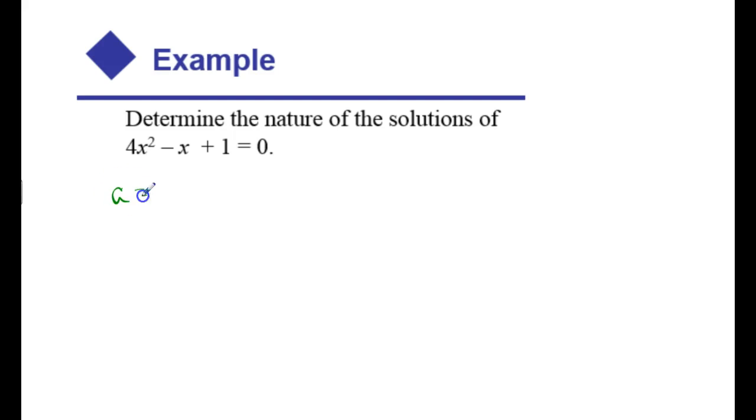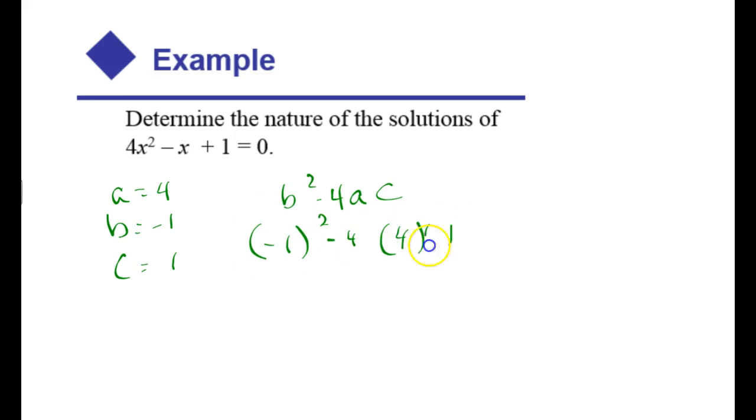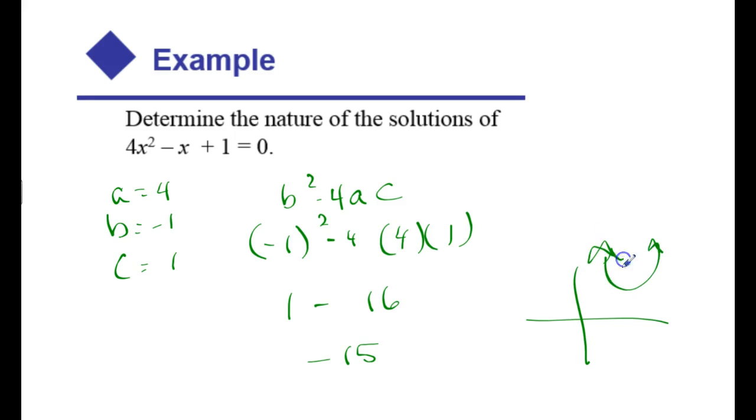Again, the value of a is 4, b is negative 1, and c is 1. So the discriminant, b squared minus 4ac, is negative 1 squared minus 4 times 1, which is 1 minus 16, or negative 15. If it's negative, that means I don't know where the graph is, but there's no solutions.